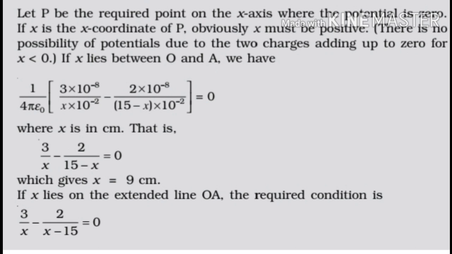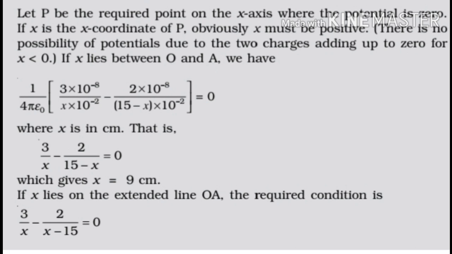If x is the x coordinate of P, obviously x must be positive. In this case, there is no possibility of the potentials due to the two charges adding up to 0.